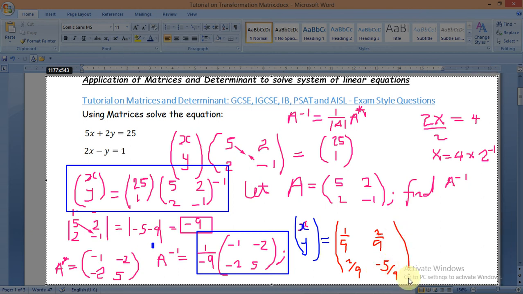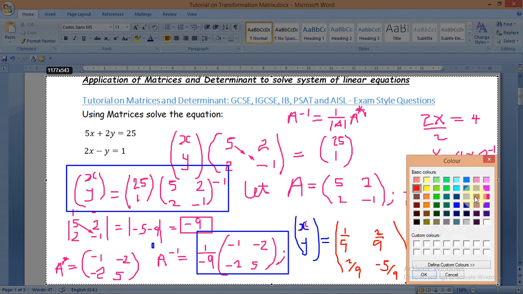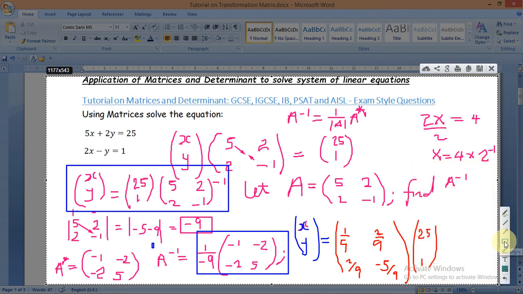Then multiply by your matrix here now, 2, 5, 1. Don't forget that you do row to column.